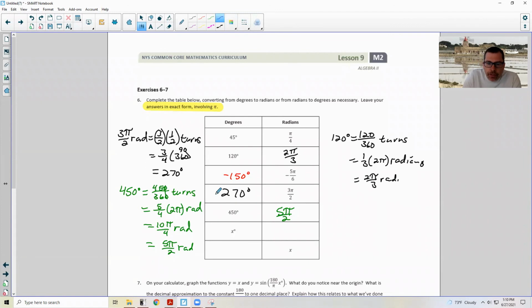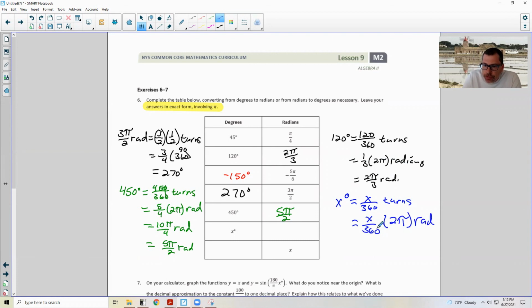Okay, so x degrees. Follow this. X degrees equals x over 360 turns, and then we're going to take turns, and it's going to still be x over 360 times 2 pi radians.